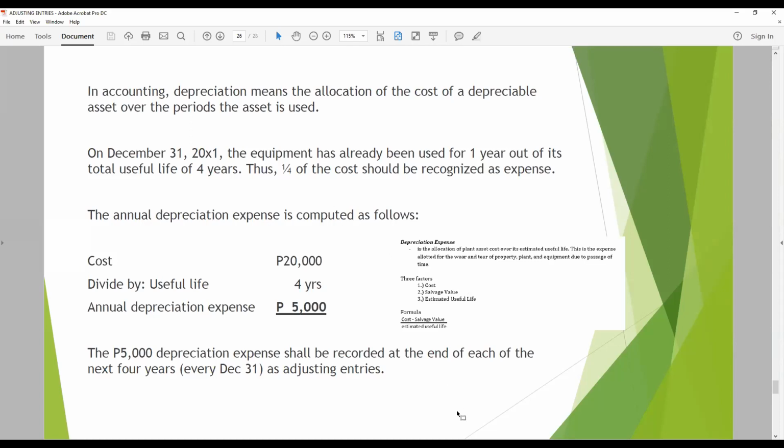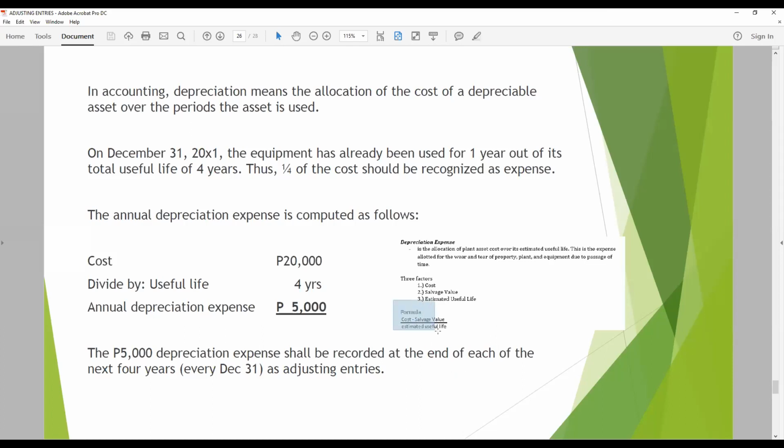Okay? So, i-minus nyo siya sa cost over estimated useful life. So, at the end of the useful life, ang book value ng asset nyo, equal na lang siya sa salvage value or scrap value. So, kapag binenta nyo na siya, yun na lang yung cost niya. Okay?